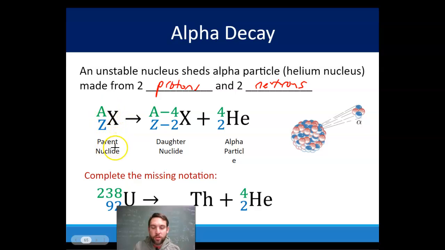We have our parent nuclide. That's the sample that we start off with. And then radiation happens. There's not a better way that I know of to tell you about radiation happens, because if I think of something better, then you're going to miss the point. Remember that radiation is spontaneous, and it can happen at seemingly random intervals.